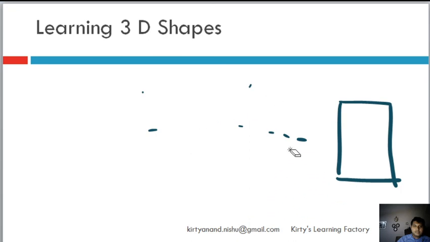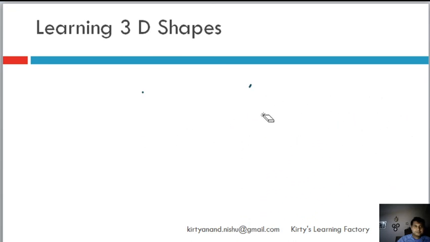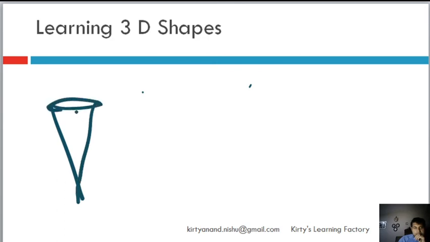So this you have to understand. And then we have to understand cone and cylinder. Have you eaten ice cream in a cone? If I remove the ice cream completely from the top, what remains is a cone.